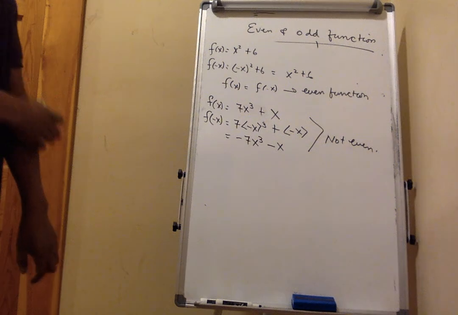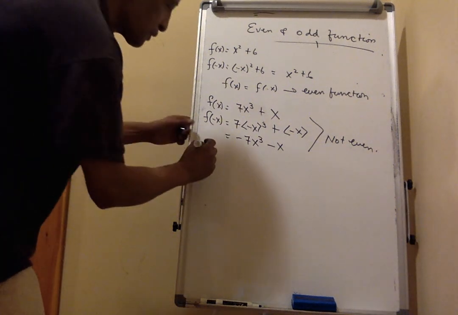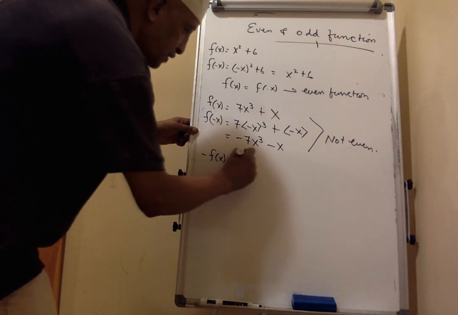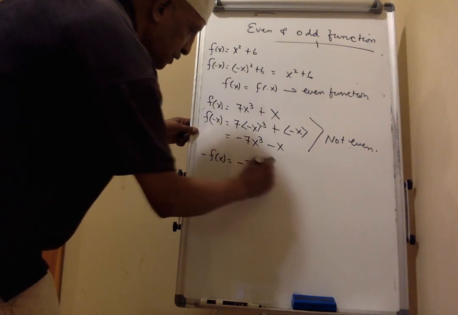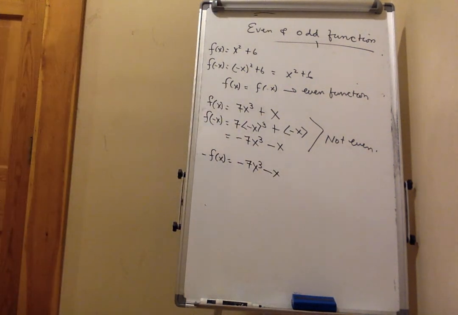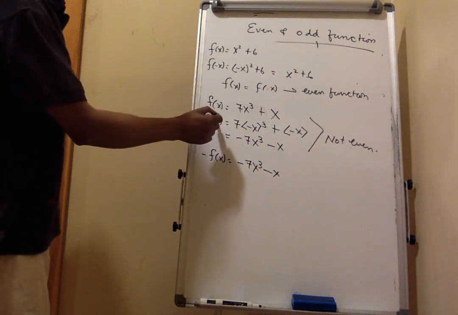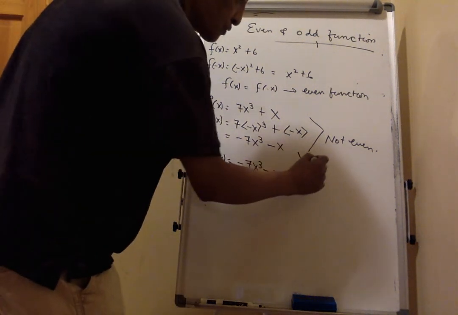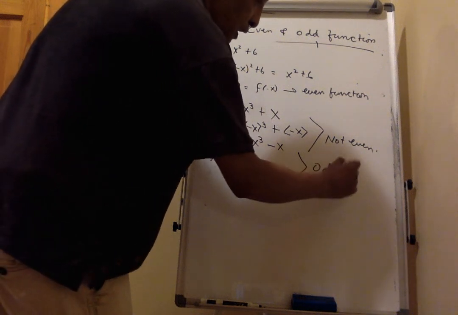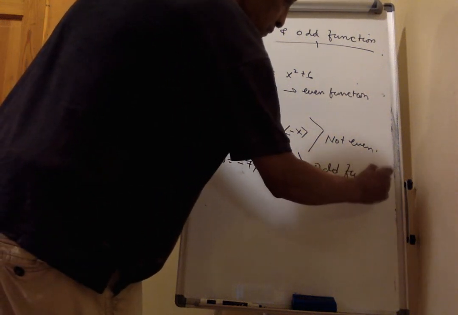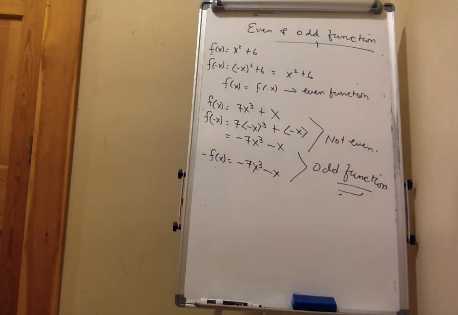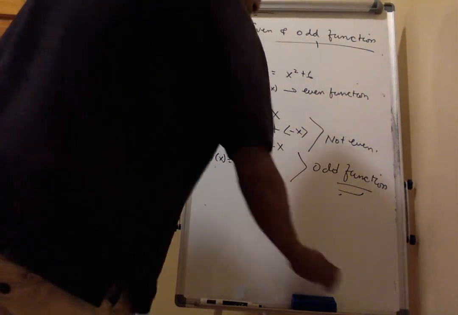But it is an odd function because negative f of x would give us negative 7x cubed minus x, because we can distribute. So f of negative x and negative f of x are the same, so therefore this is an odd function. Sorry for the mishap. Okay.